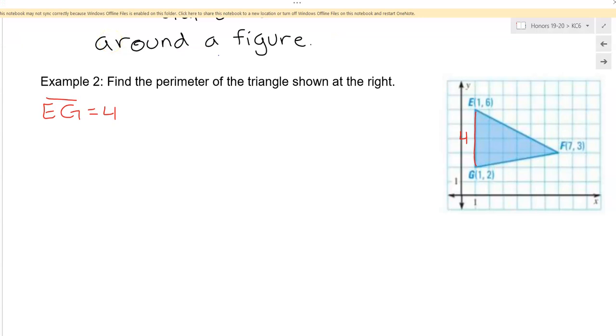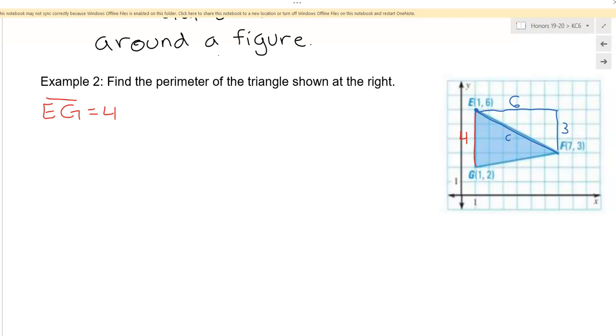Now I want to find EF. I'm going to start at E and find my x distance. It goes 1, 2, 3, 4, 5, 6. And my y distance, 1, 2, 3. And look, there's our triangle. We're always finding c in these ones. We always have the 2 legs and are finding our hypotenuse.